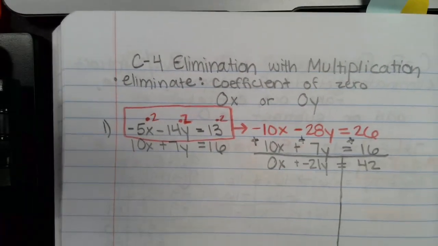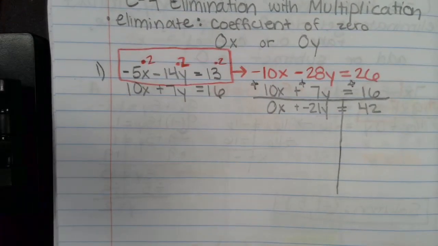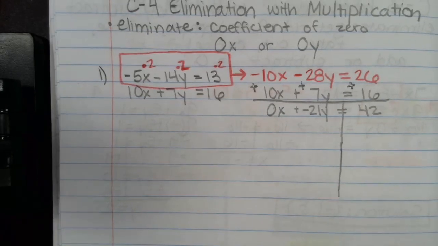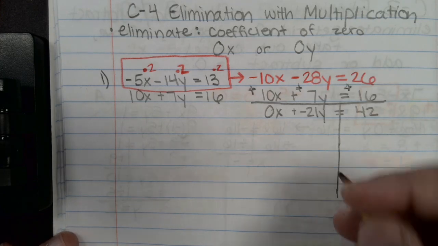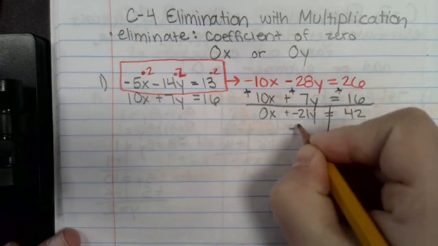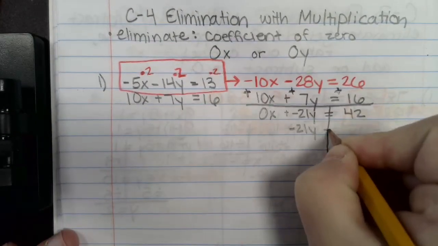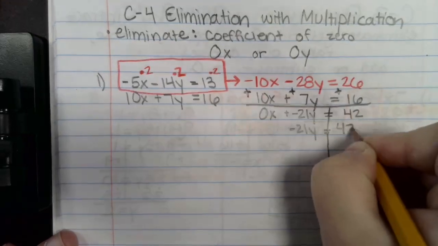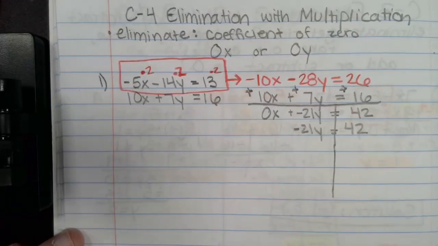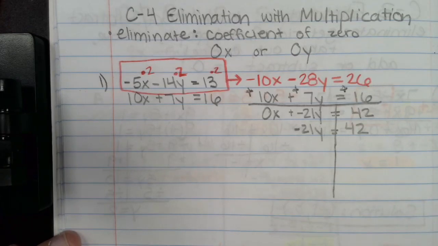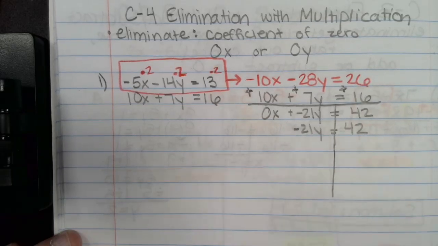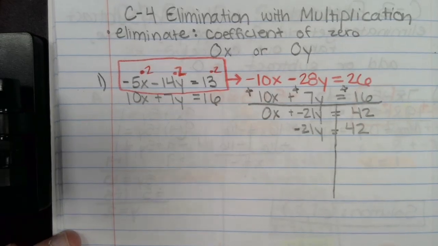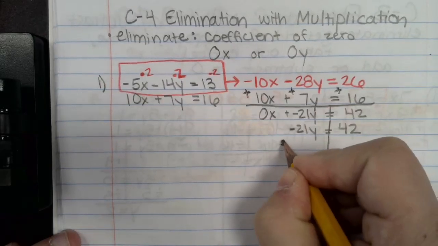Okay, my goal is to solve that equation. We did some elimination, so we can get rid of part of that equation. Which part did we eliminate? The x's. So let's just write it as negative 21y equals 42. All right, and then we just need to solve for y. So how would I undo that multiplying by negative 21? Divide by negative 21. Good.